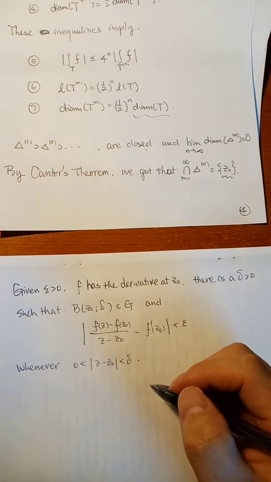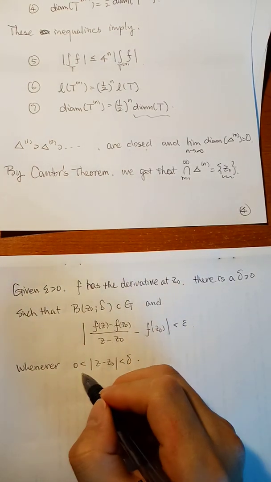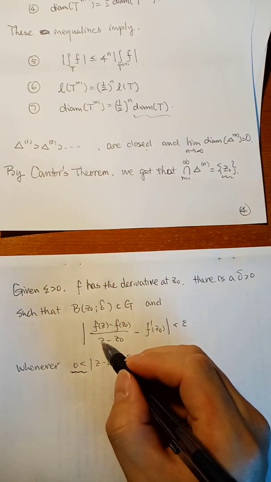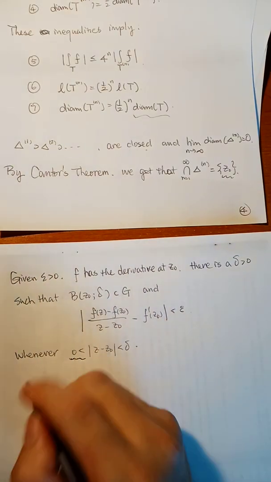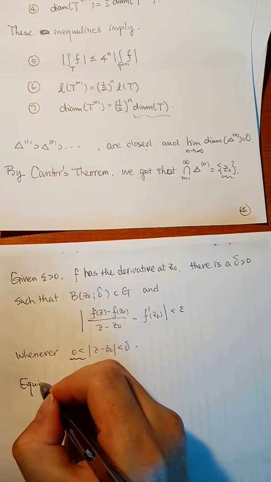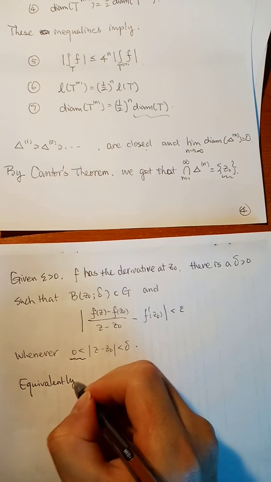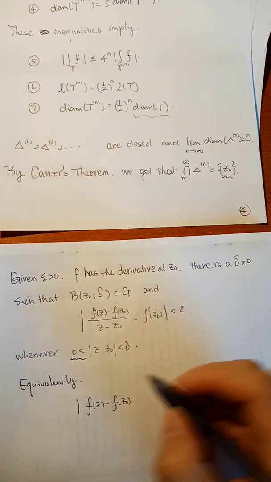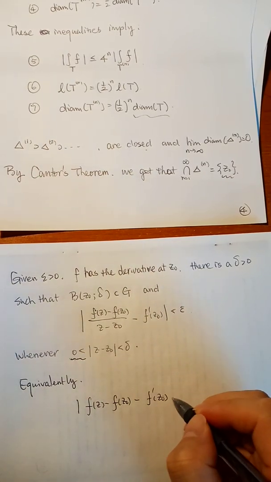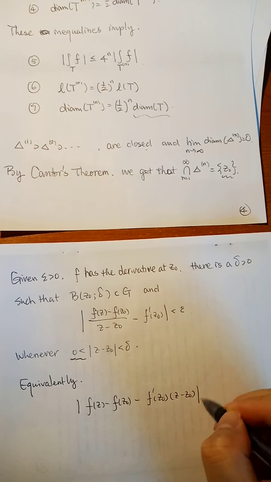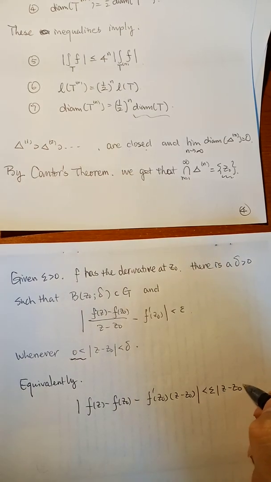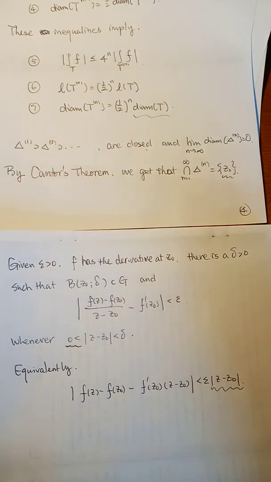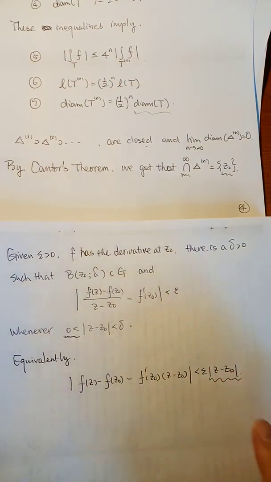Okay, and we must be careful here, the absolute value of z minus z0 is not equal to 0, it's greater than 0. So we multiply this inequality by the absolute value of z minus z0. So equivalently, the absolute value of f(z) minus f(z0) minus f prime of z0 times (z minus z0) is less than epsilon times the absolute value of z minus z0. We just multiply by this quantity. It's not equal to 0, so we can do it.